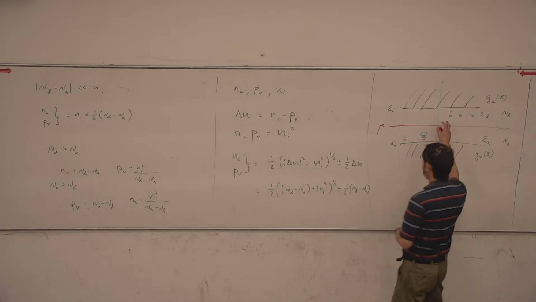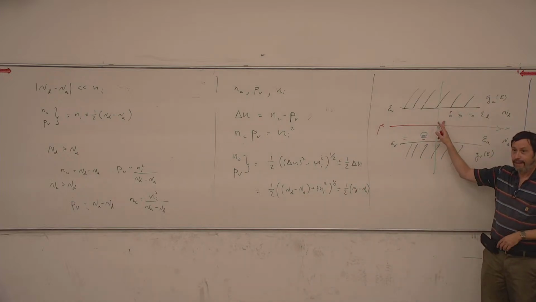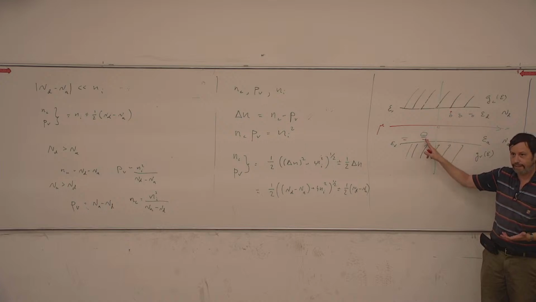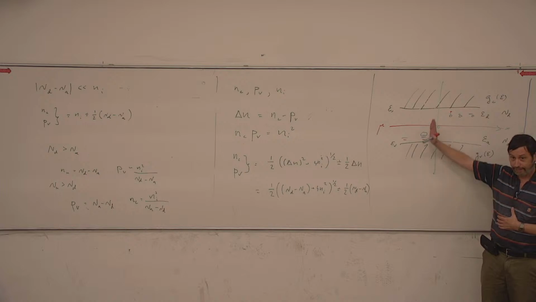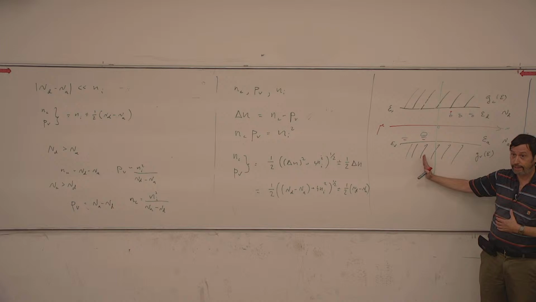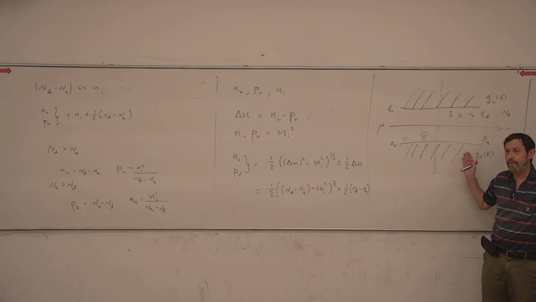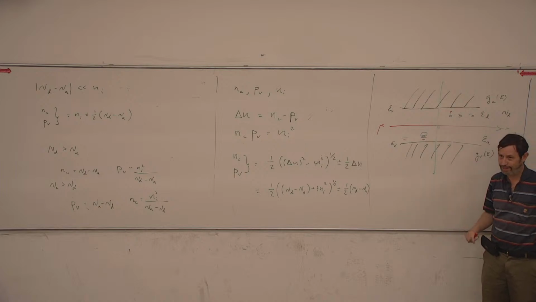So, what will I get here? A change in the occupation of the donors and the acceptors, and an electric field only in the vicinity of the interface. So I have a strong electric field in the region of the interface. When I'm moving out, nothing much happens. So everything is around the interface.